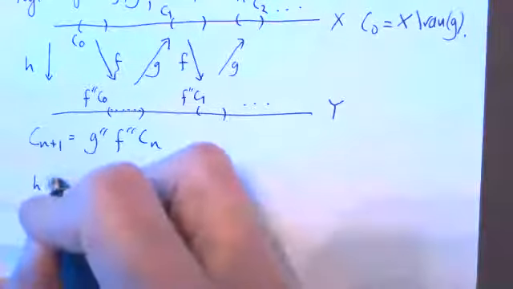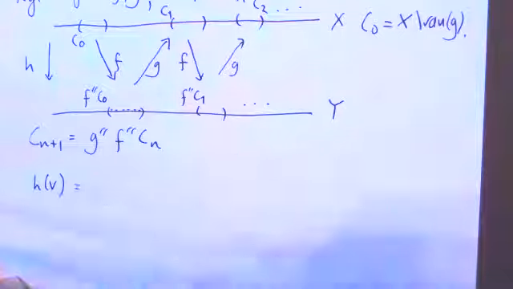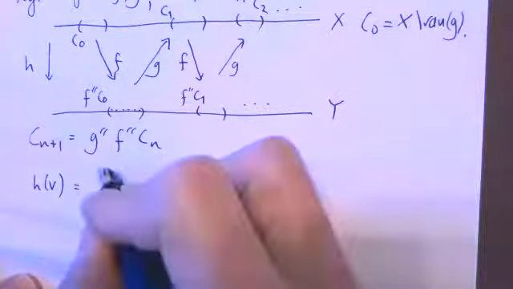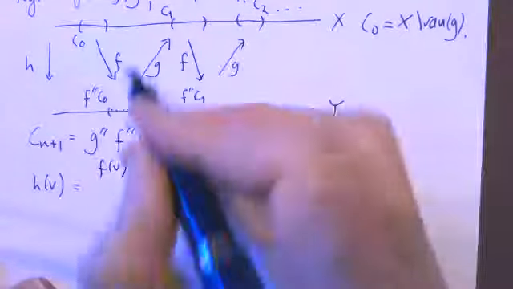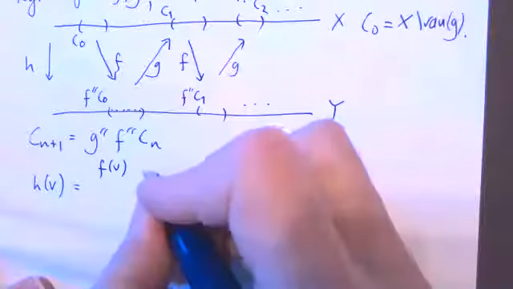H is going to go in this direction. And there'll be two cases. H of V is going to be F of V if V is in one of these CNs.